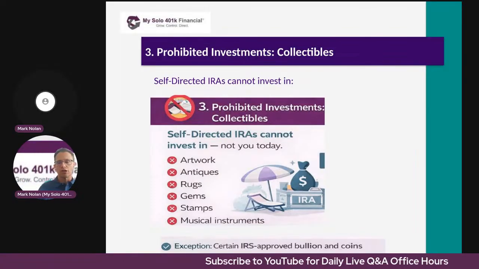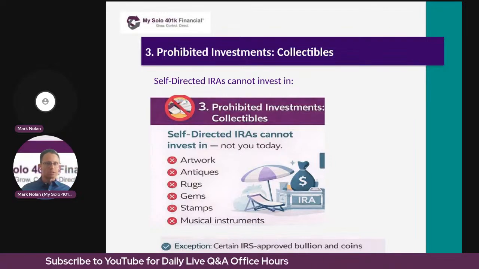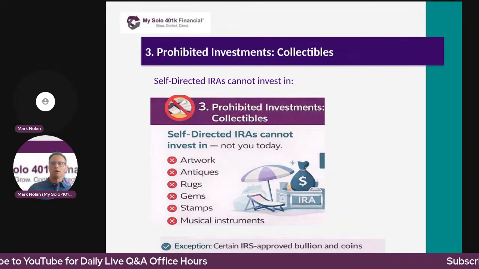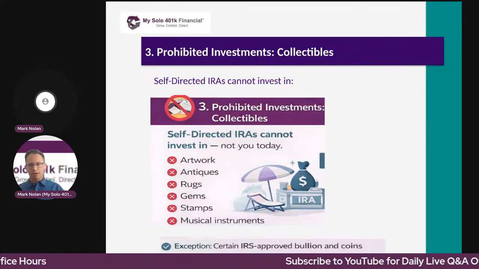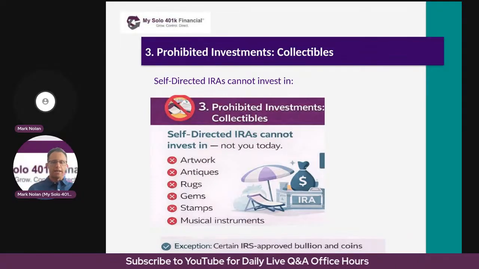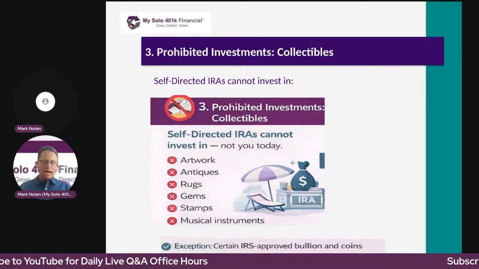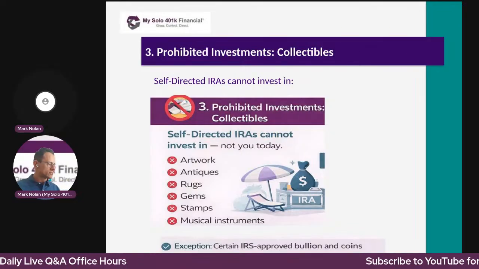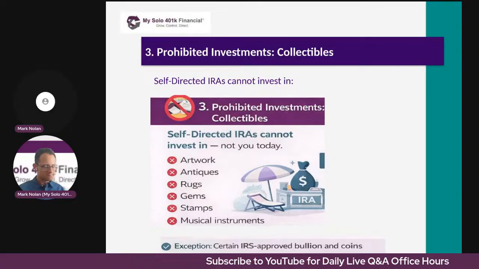You cannot use your solo 401k or your self-directed IRA to invest in rugs, even Persian rugs. Also antiques. Whether you drove across the good old USA and made a pit stop at an antique shop and you found that antique that you've been looking for years, that's nice, but you're not allowed to use your solo 401k or your self-directed IRA to invest in antiques.